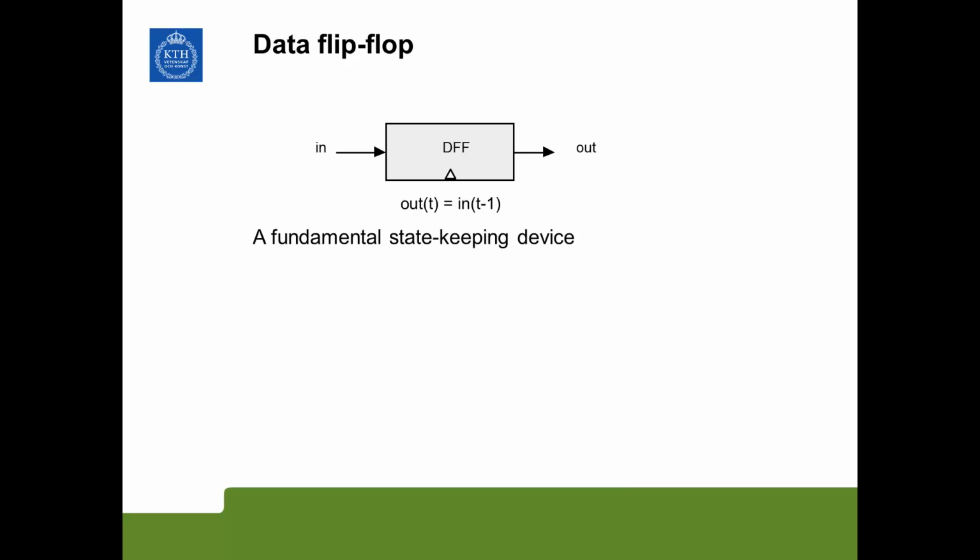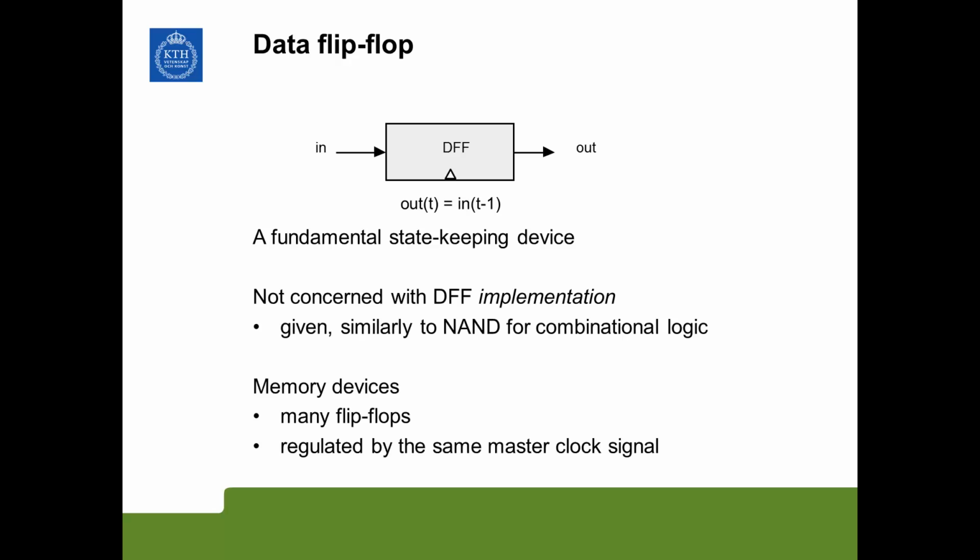This is a fundamental state-keeping device, and this is enough for us to build registers and RAM. The memory devices that we will build with the DFFs require many flip-flops, but they will be regulated by the same master clock signal. This little triangle in the symbol for a chip means that it's a clocked device. You don't have to be concerned about the distribution of the clock signal out to the circuits, but we know that this is a time device.